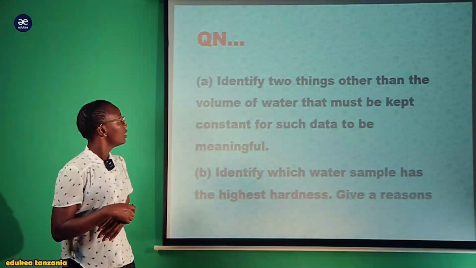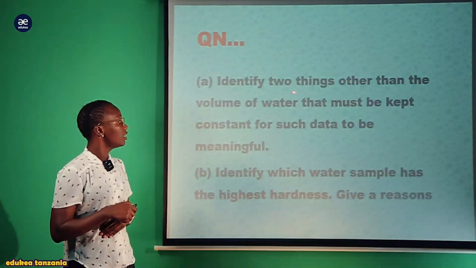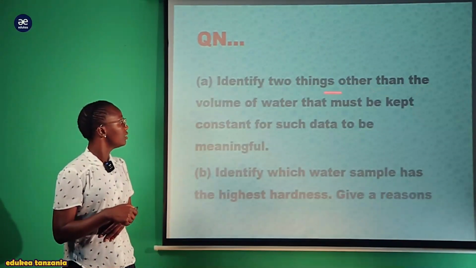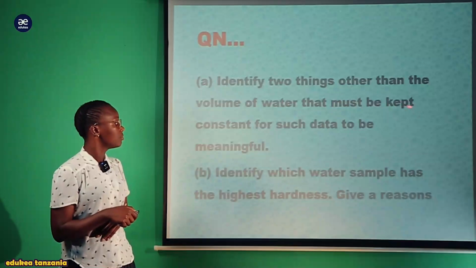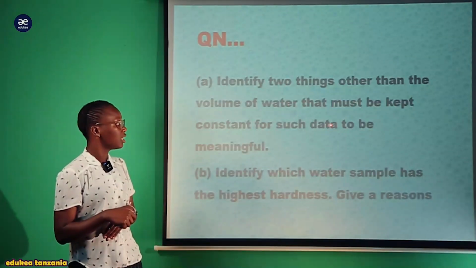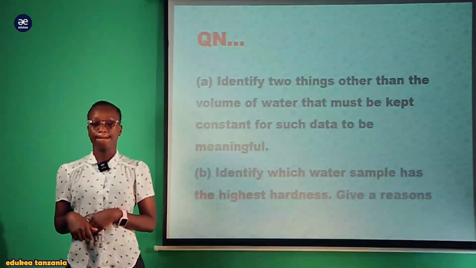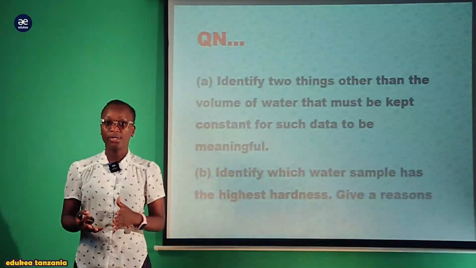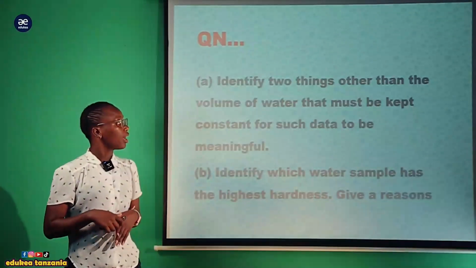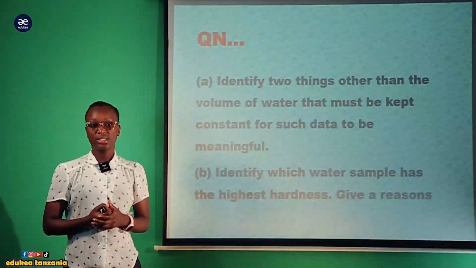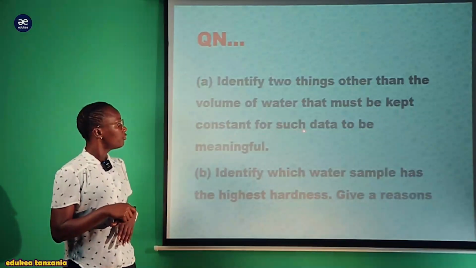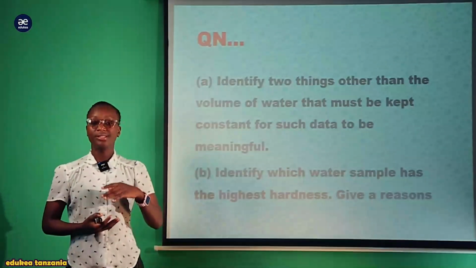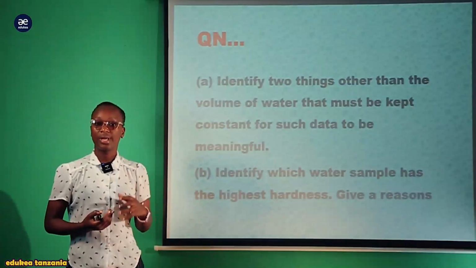Therefore, part A, the question states that identify 2 things other than the volume of water that must be kept constant for such data to be meaningful. Student anatakiwa apropose vitu viwili ambavyo vitakuwa vina kept constant for that data to be meaningful, ili vilete maana kwenye hizo data.